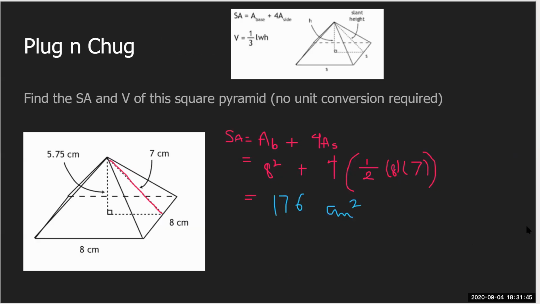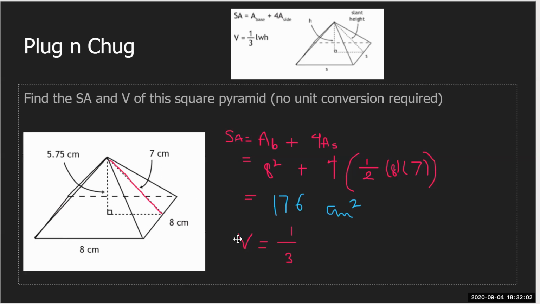Oh, sorry, we forgot to find the volume. The volume of this pyramid is 1/3 of the length, which is 8, times the width, which is also 8, times the height, which is 5.75.